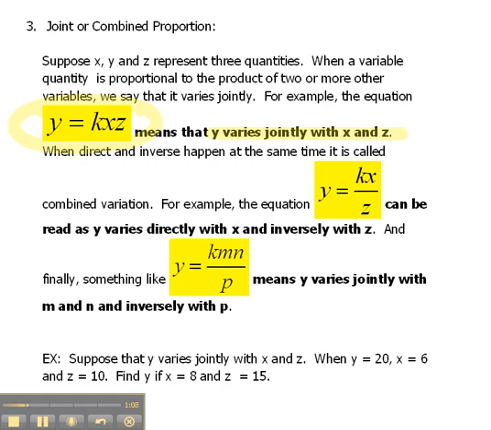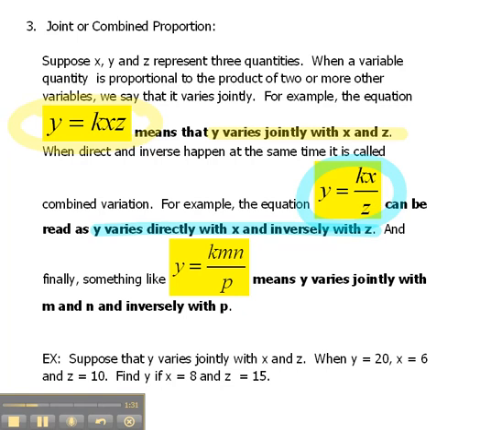If we see something that says that y varies directly with x and inversely with z, that's putting direct and inverse proportions together. So here we have y equals kx, so it varies directly with x, and inversely, meaning the division, with z.